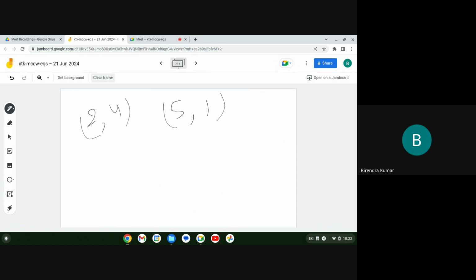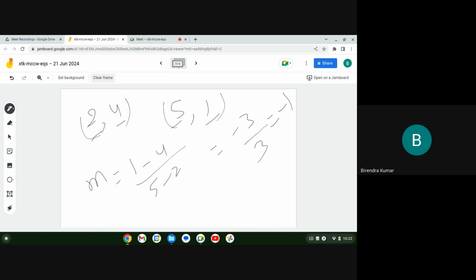If you have to find that out, first thing you will do is find out m, or the slope. So y change from 4 to 1. So 1 minus 4 divided by this to this. So 5 minus 2. It becomes minus 3 by 5 minus 2, 3. So slope is minus 1.